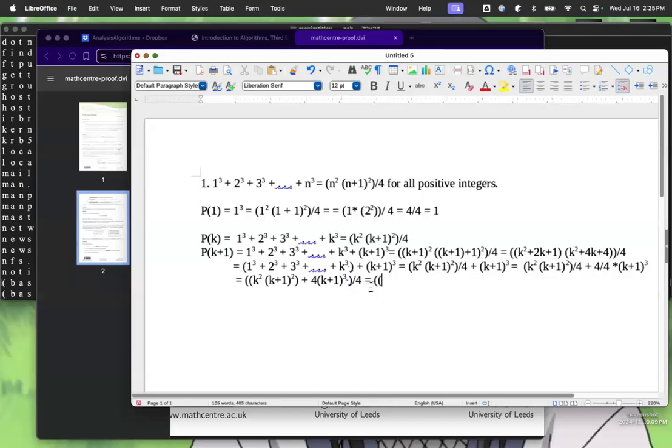The first term is going to be k squared times another k squared plus 2k plus 1. Okay, so that's going to be one group of factors.